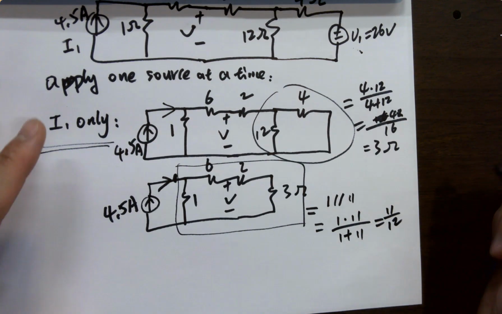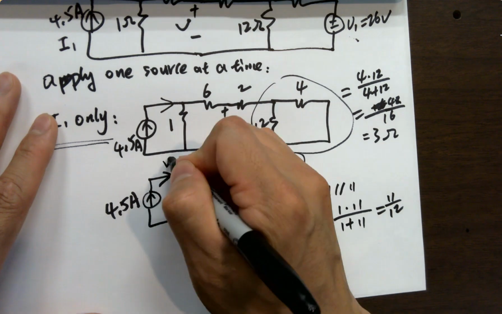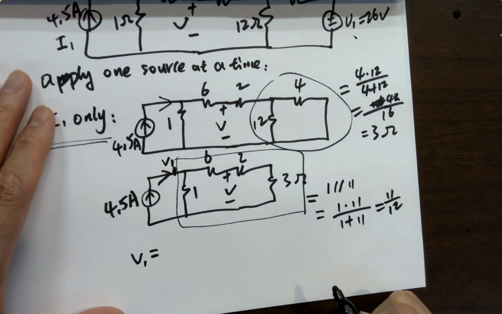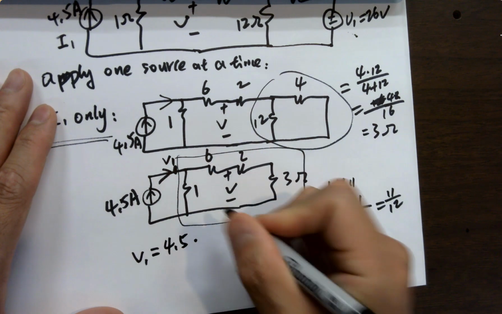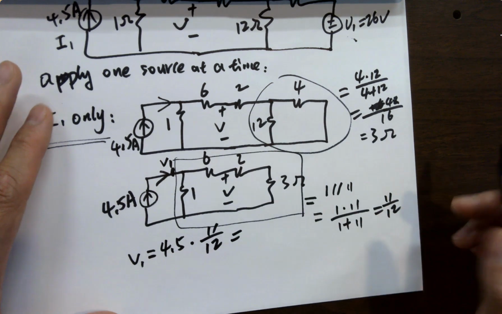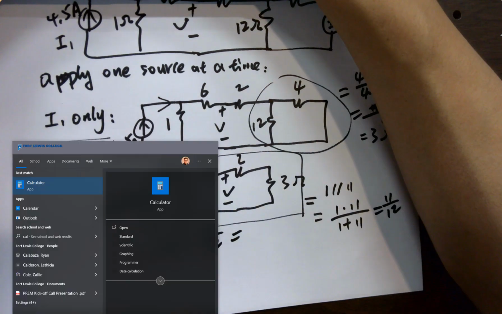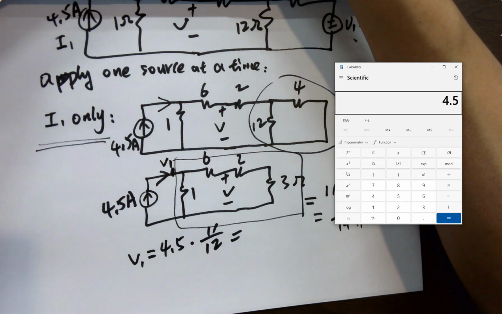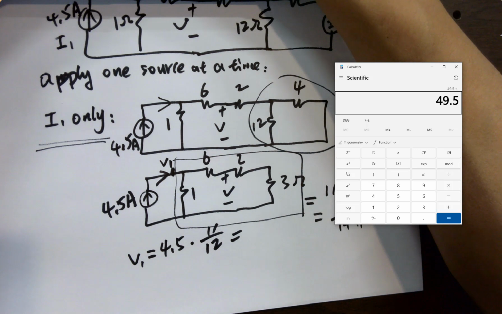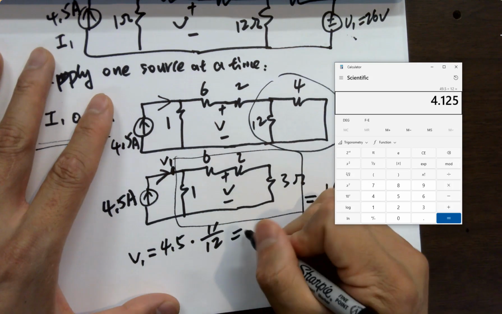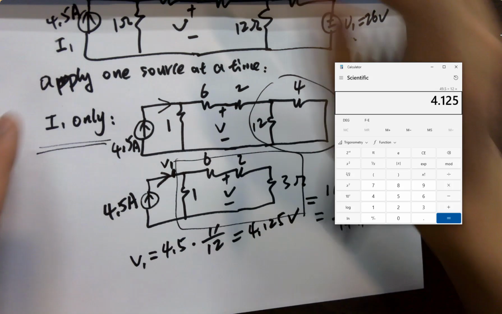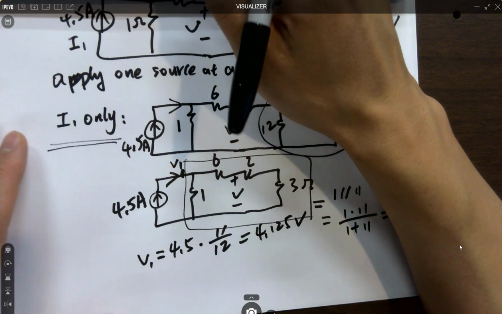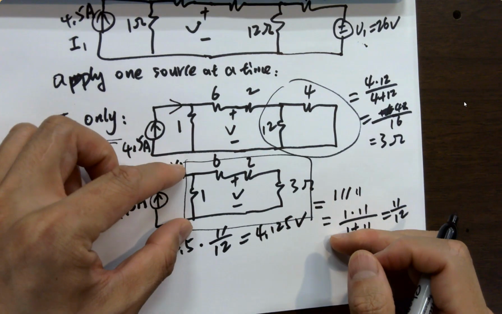So the voltage here, let's say V1 equals 4.5 amps times 11 over 12, which is 4.125 volts, which is the voltage here, V1.